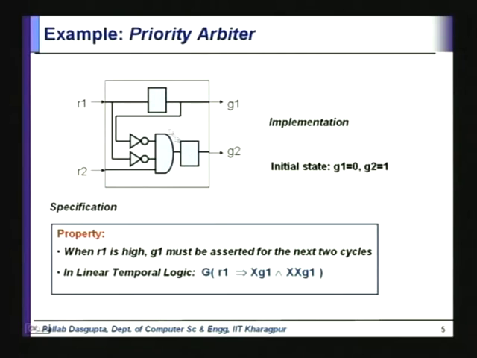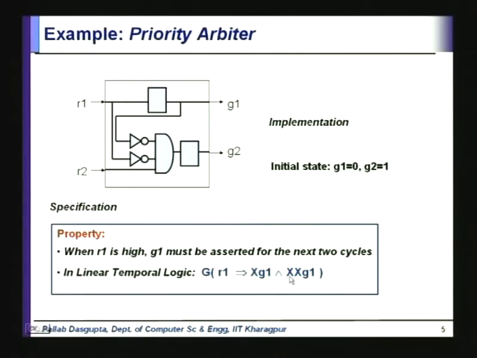That is the initial state of these two flops, and we want to verify the property that when R1 is high, G1 must be asserted for the next two cycles. In linear temporal logic, in LTL, we write that as always R1 implies next G1 and next next G1.